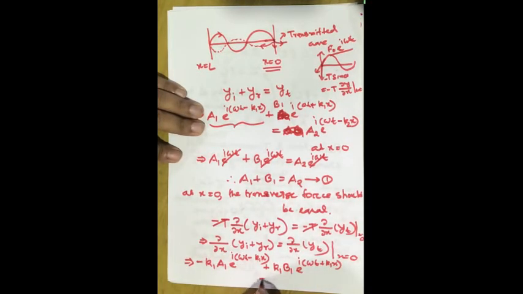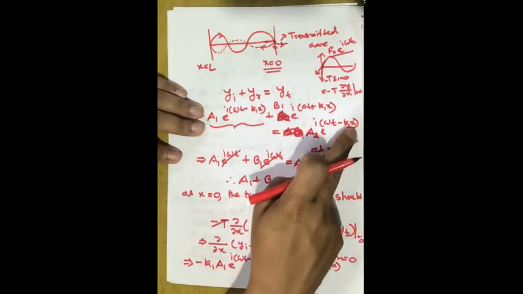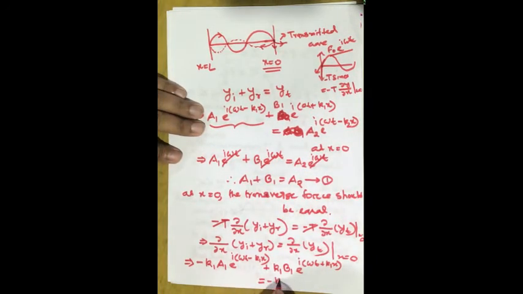It will be equal to minus k2 into a2 e to the power i omega t minus k2 into x. So if we differentiate and equate both sides, we get minus k1 a1 e to the power i omega t minus k1 x plus k1 b1 e to the power i omega t plus k1 x is equal to minus k2 a2 e to the power i omega t minus k2 x.